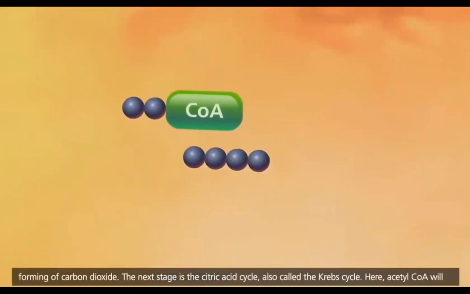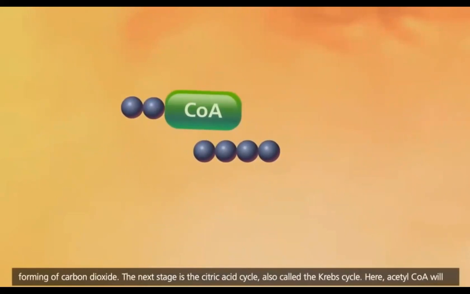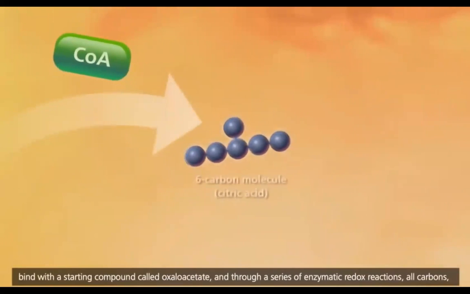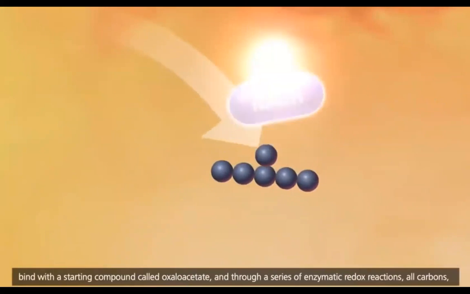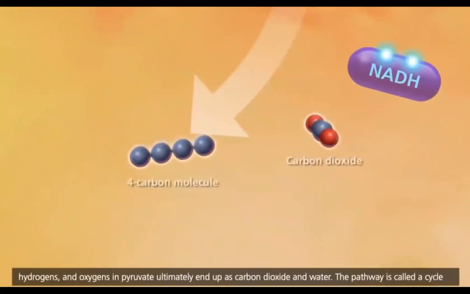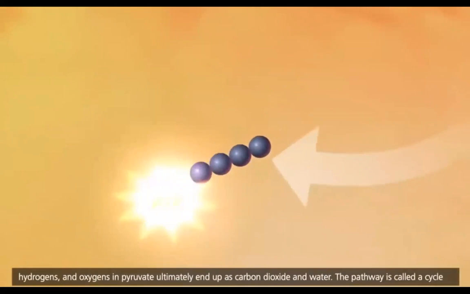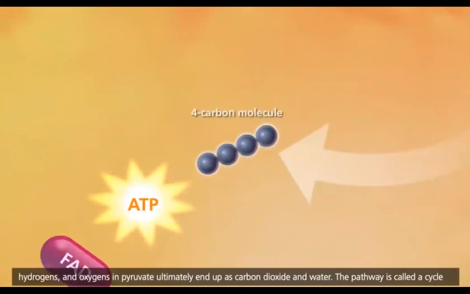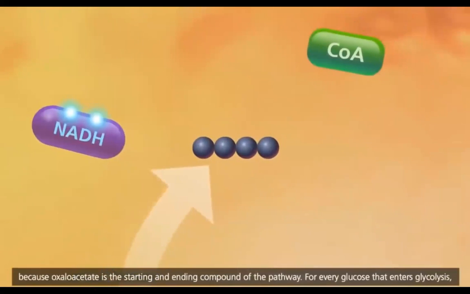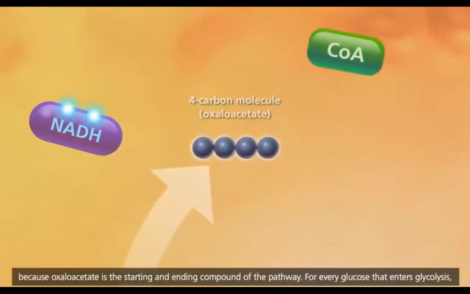The next stage is the citric acid cycle, also called the Krebs cycle. Here, acetyl-CoA will bind with a starting compound called oxaloacetate, and through a series of enzymatic redox reactions, all carbons, hydrogens, and oxygens in pyruvate ultimately end up as carbon dioxide and water. The pathway is called the cycle because oxaloacetate is the starting and ending compound of the pathway.